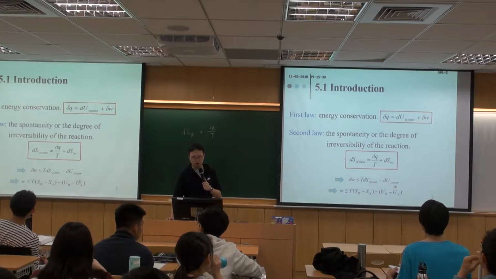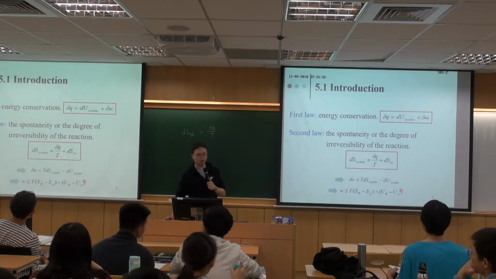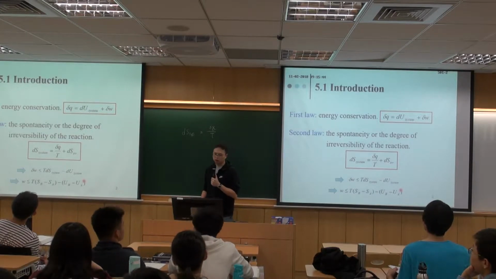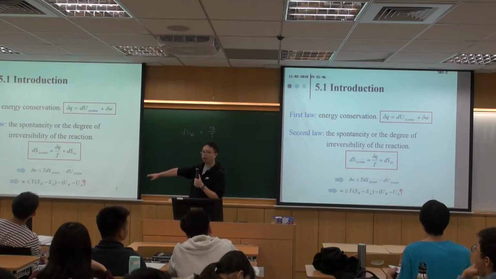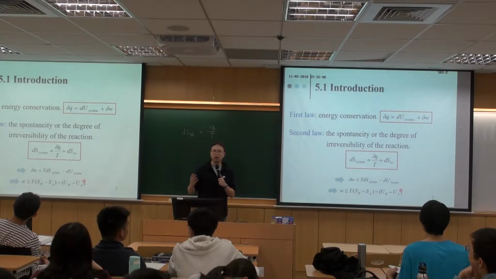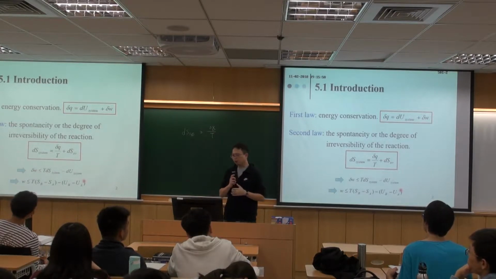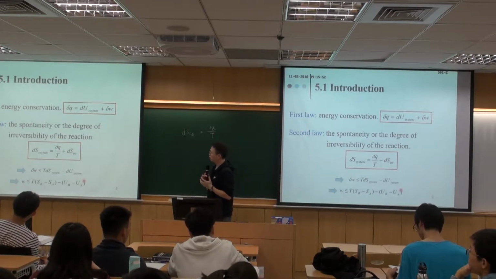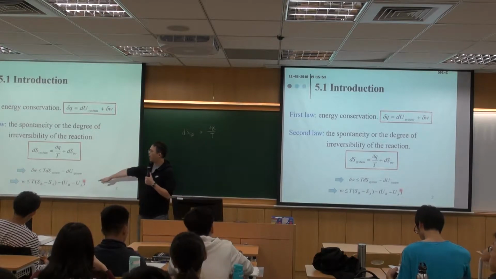And that will be the same for internal energy. So if you write this down, we've already seen this before, that the work should be no greater than this value. If you consider any kinds of process, the maximum work that a system can do will not surpass this.